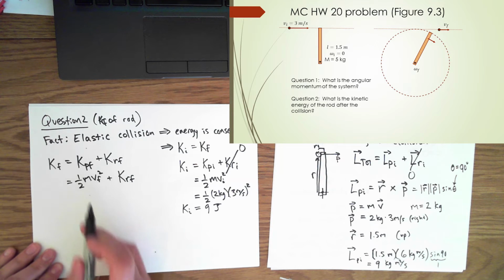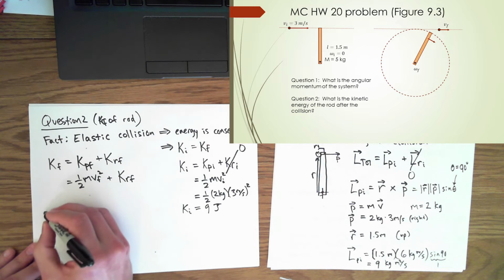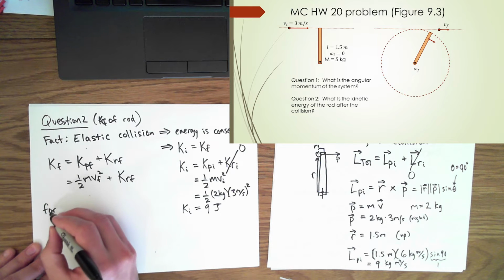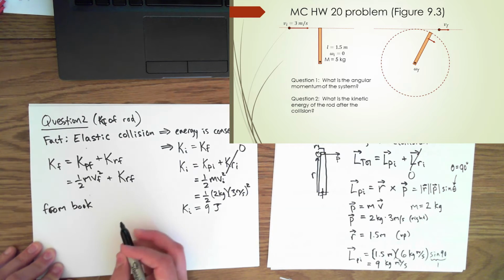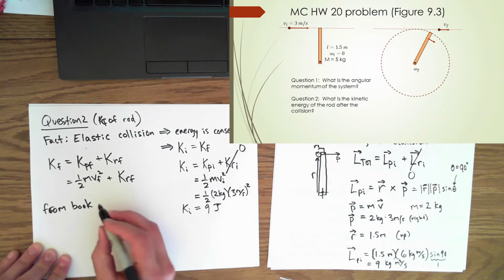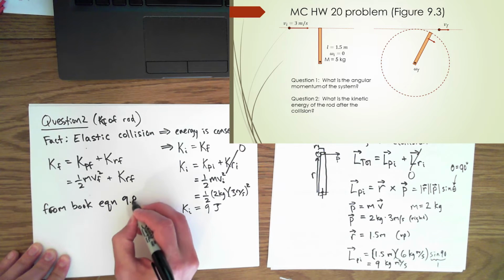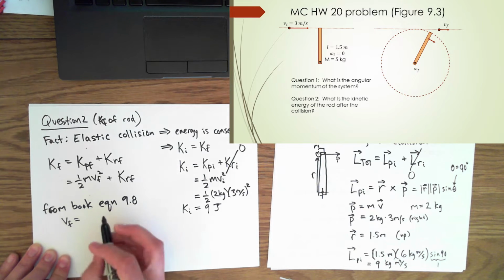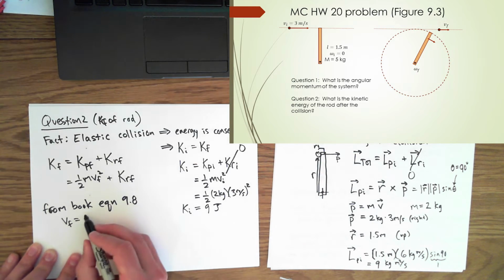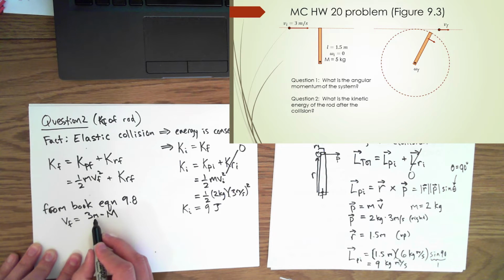Okay, so what's V final? Here, I'm not going to do all of the derivation from the book. We had an equation that was derived in the book, equation 9.8, which said that V final in this problem was (3m minus M) divided by (3m plus M), times V initial, where little m is the mass of the particle and big M is the mass of the rod.